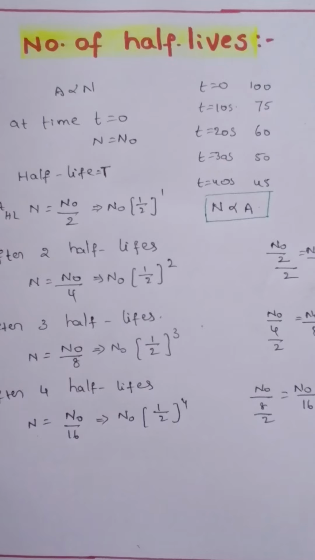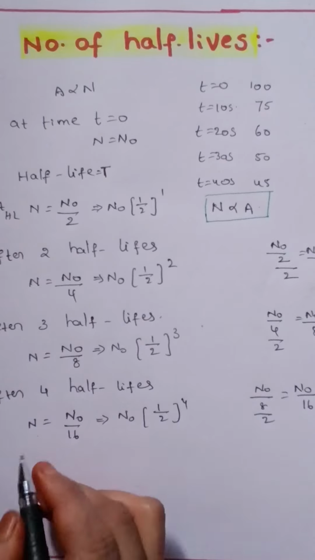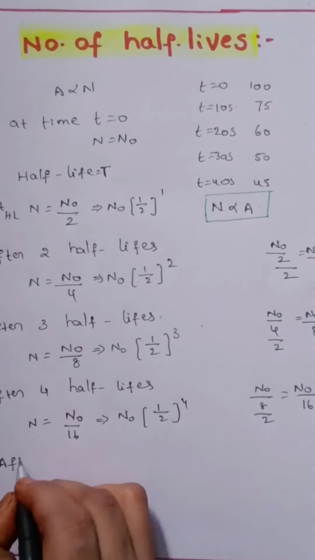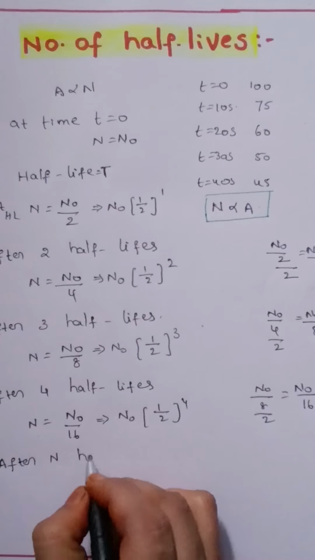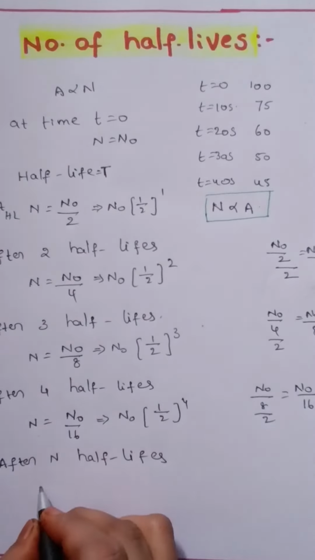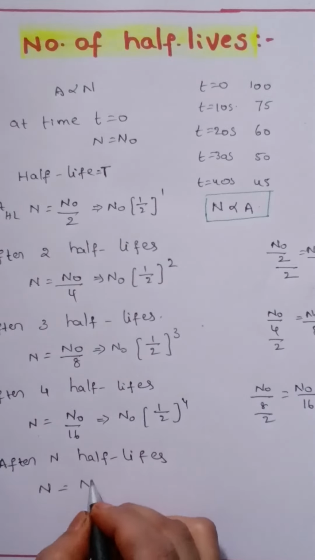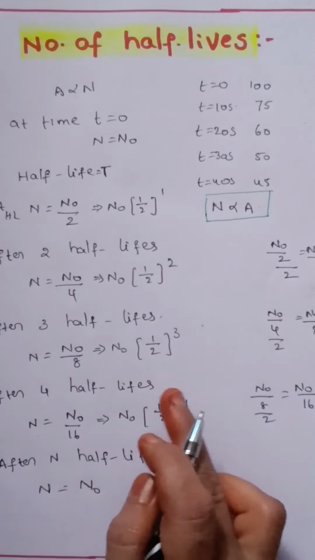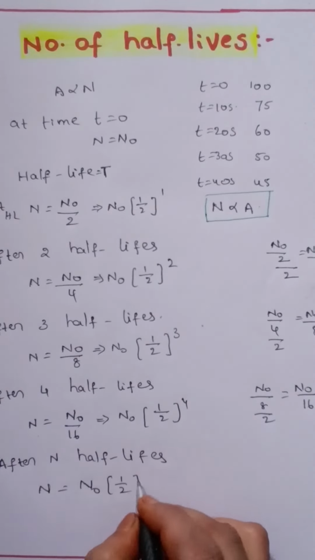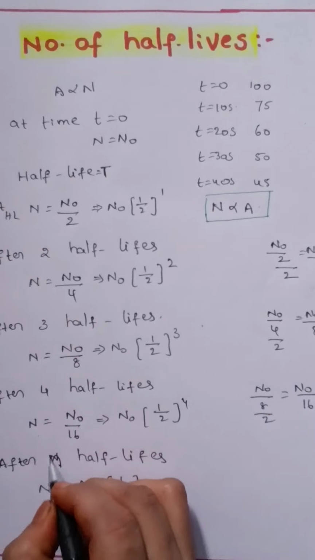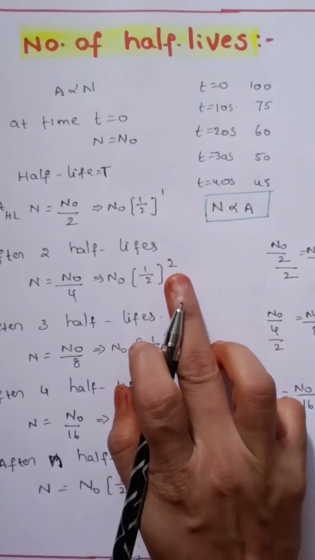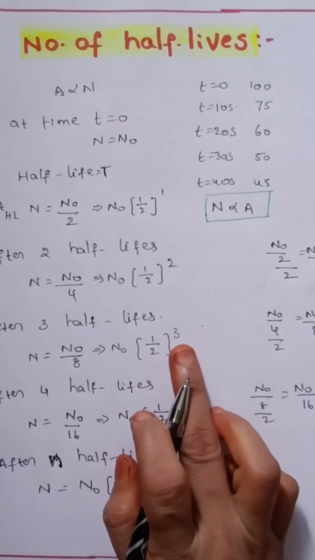So, we can generalize this: after n half-lives, N is equal to N naught into 1 by 2 power n. Every time we are getting N naught into 1 by 2 after n half-lives. After 1 half-life, power 1. After 2 half-lives, power 2. After 3 half-lives, power 3.